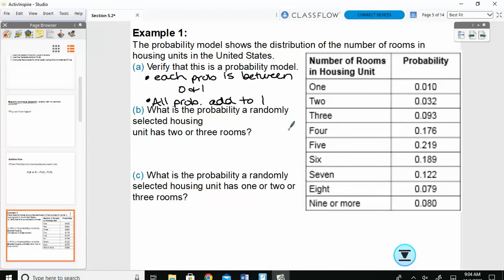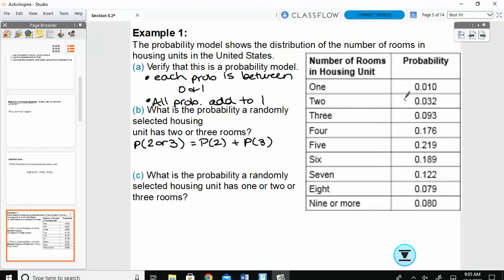B, if I want the probability that a randomly selected housing unit has 2 or 3 rooms. So I'm going to start writing things out using our probability notation just to get used to it. Probability of 2 or 3, since they're mutually exclusive, that's just the probability of 2 plus the probability of 3.